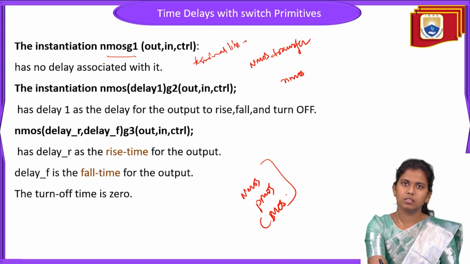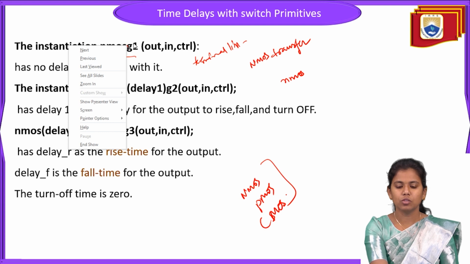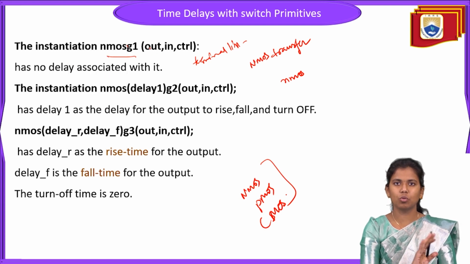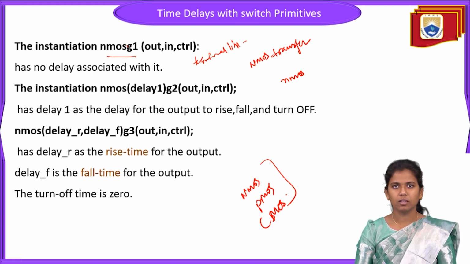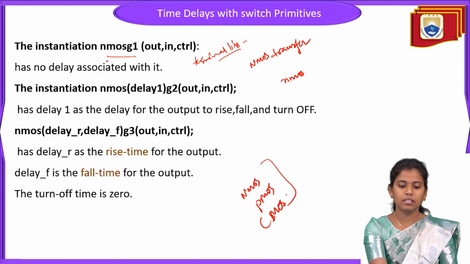This is the terminal list. If you observe this statement, nowhere are we seeing any kind of delays, isn't it? So this has no delay associated with it. Purely the switch has only the keyword and then followed by the port list or the terminal list. It has no delays associated with it.